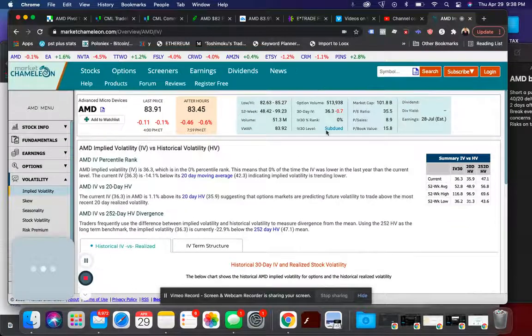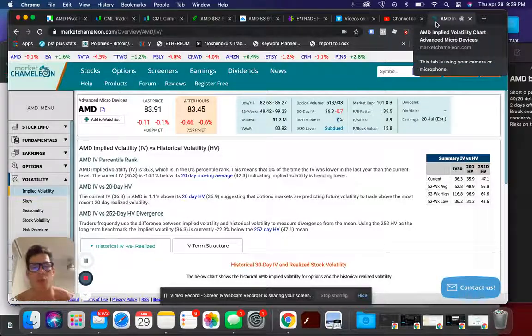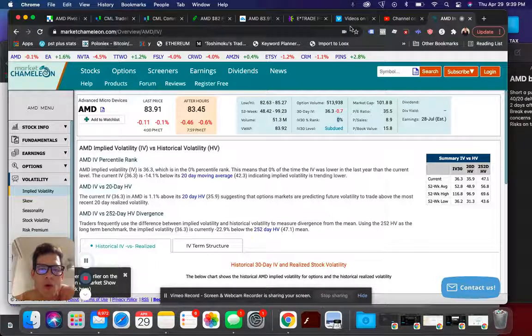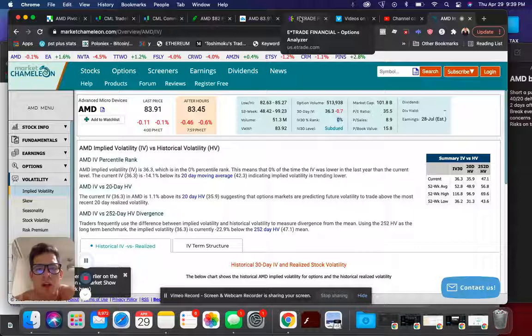This is something I should have checked, but I knew it was going to be low. So it's 0. When you're short options, you don't want volatility to be that low, because if volatility rises, the contracts you're selling are going to become more expensive, and if the contracts you're selling become more expensive, you end up losing if you're shorting.